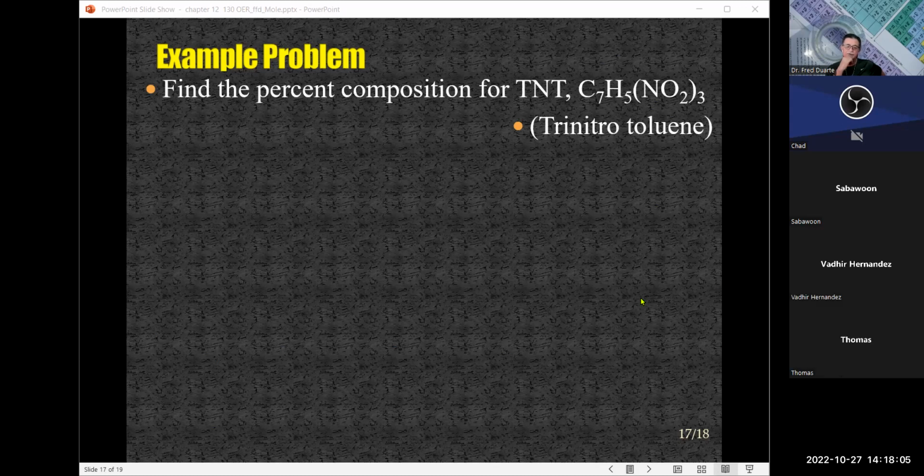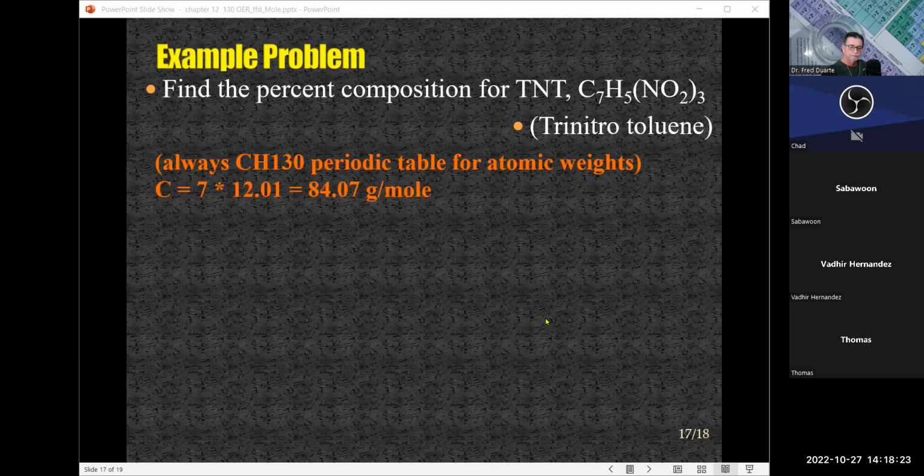There are 7 carbons, 5 hydrogens, a total of 3 nitrogens, and 6 oxygens. With that, always use the atomic weights from the periodic table. Carbon has 12.01.